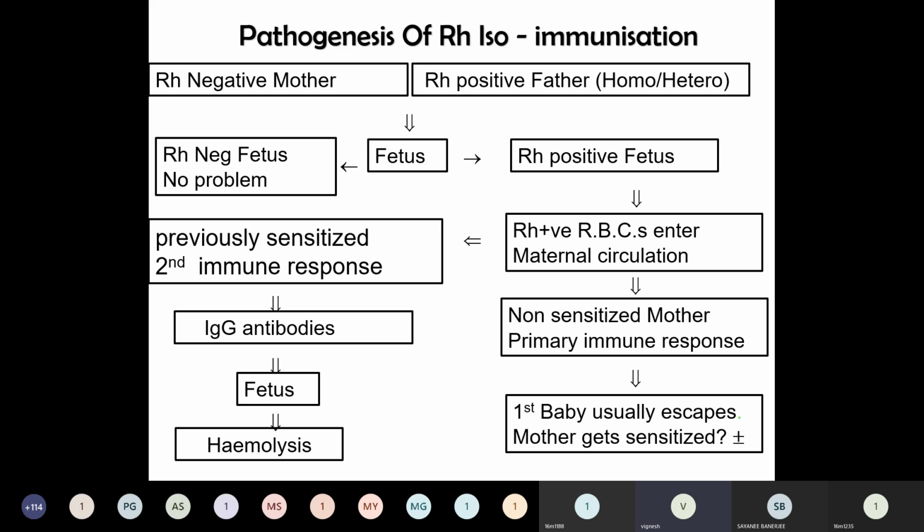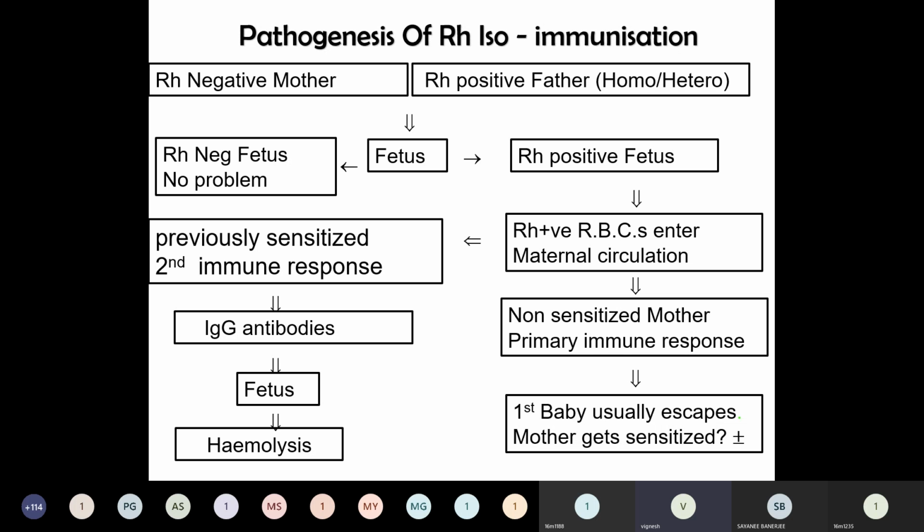So coming to the pathogenesis of Rh isoimmunization, in a flow chart: an Rh negative mother with an Rh positive father who could be homozygous or heterozygous. If the fetus is Rh negative, for example if the father is heterozygous there is a 50% chance, there is no problem at all.